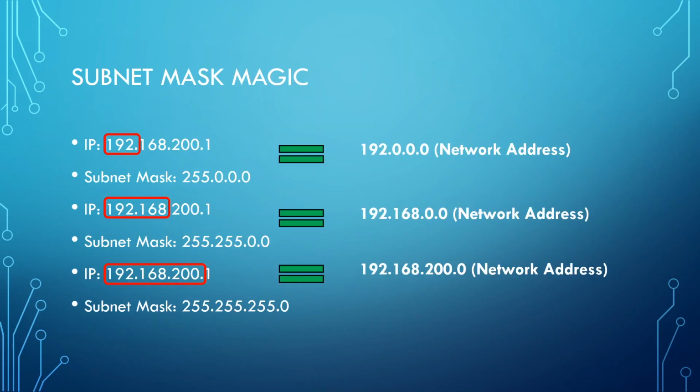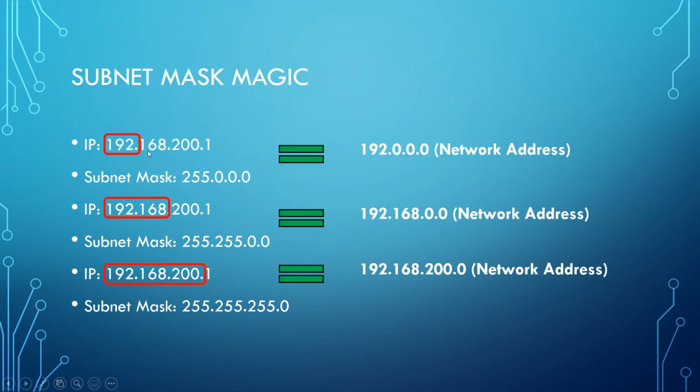So subnet mask magic. Let's have a look at some examples of the subnet mask. Let's say we have IP 192.168.200.1 and subnet mask 255.0.0.0. So let's just take a basic view of it. Whenever you see a 255 in a subnet mask, that means that octet or that decimal number equals the network address.